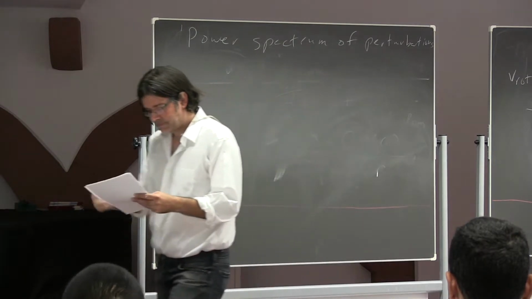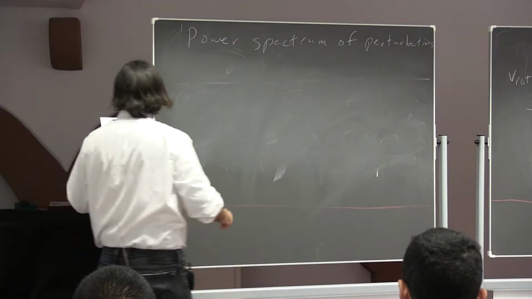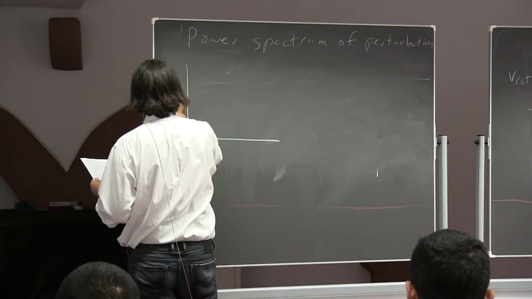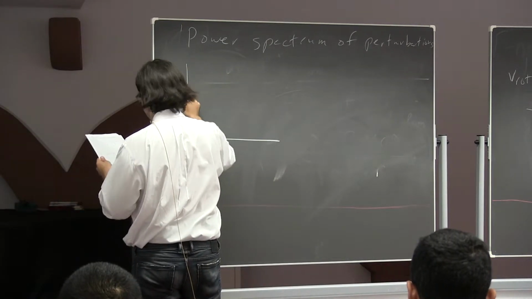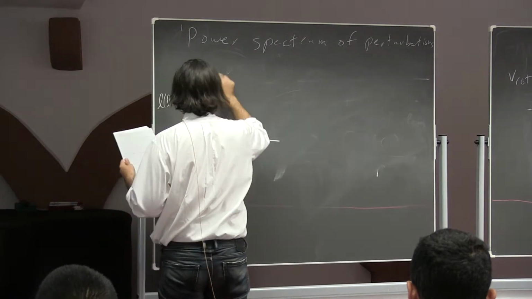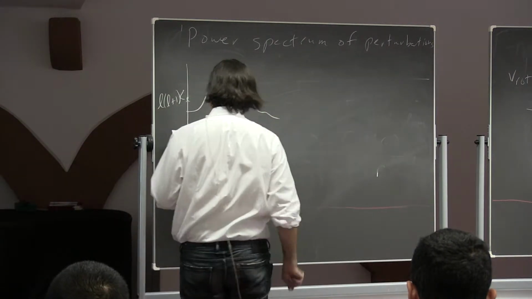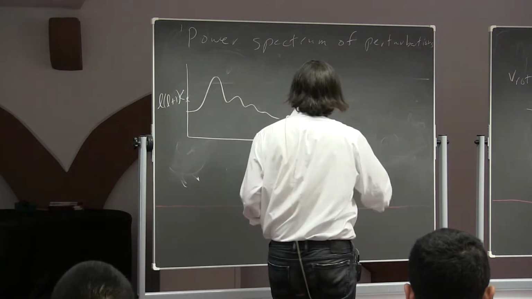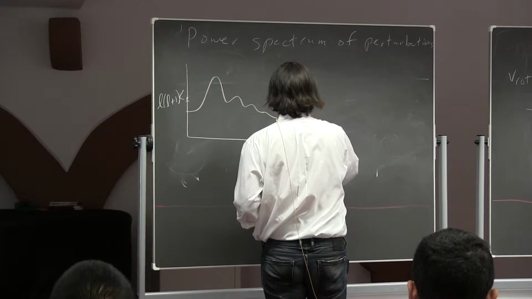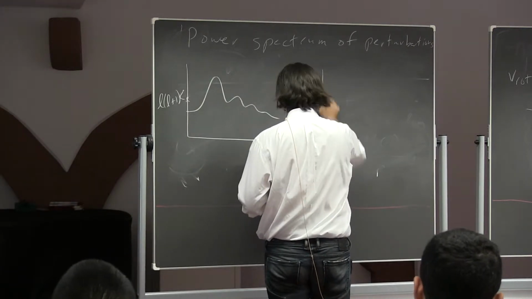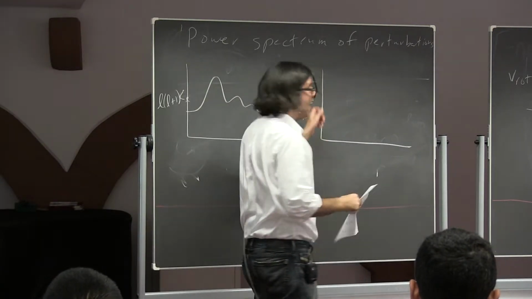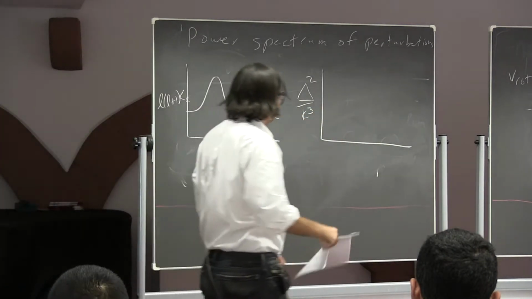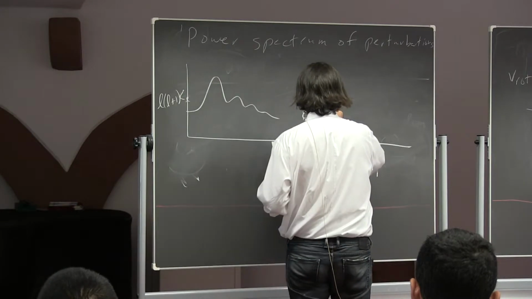So you go out and you measure the CMB. Here's my poor version of the CMB. But you can also go out and measure something like the average overdensity in a volume of space and look at that as well.